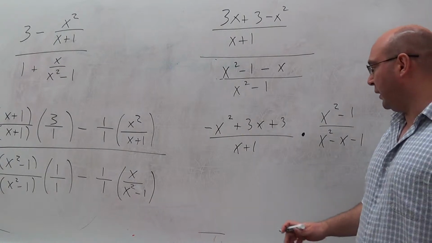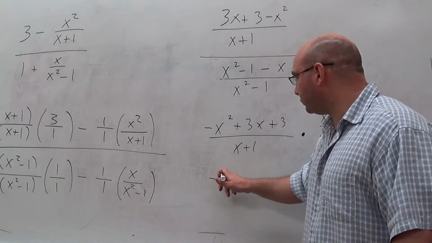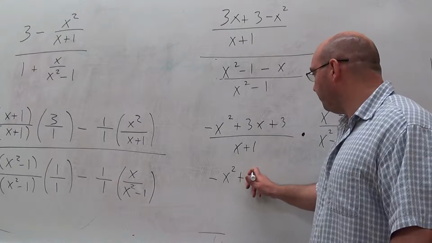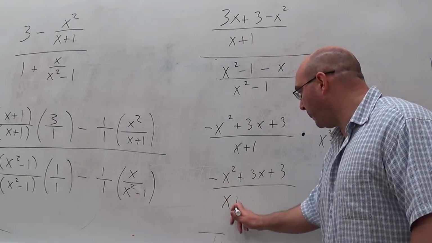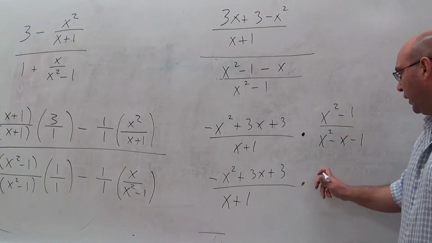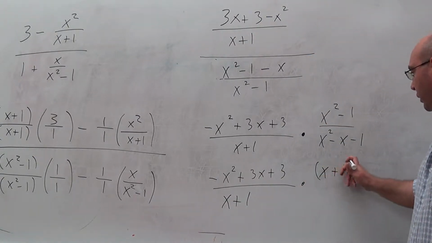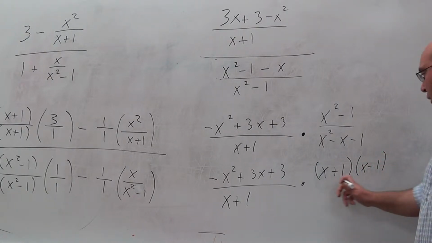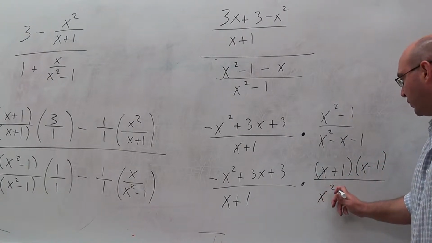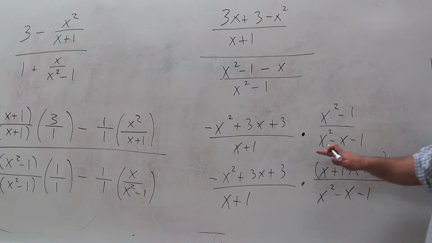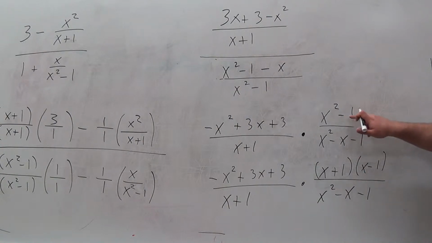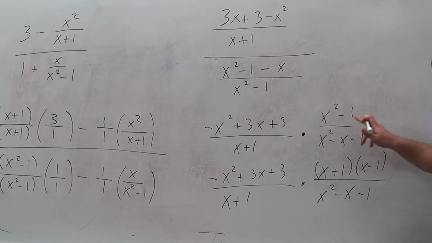All right. Now, at this point, I'm going to go ahead and get our x plus 1, our x minus 1, over our x squared minus x minus 1. So from here, I'm factoring this out, the x squared minus 1, noting it's perfect squares with my two numbers, my variable here, my number there.